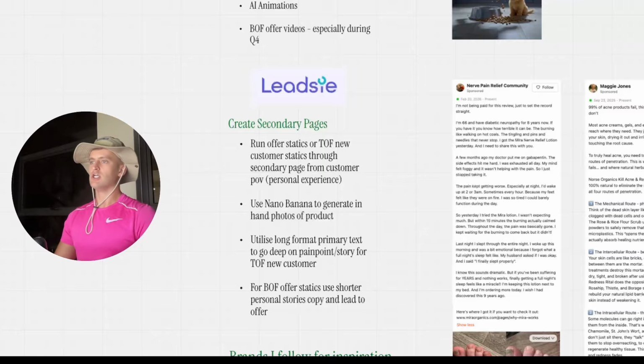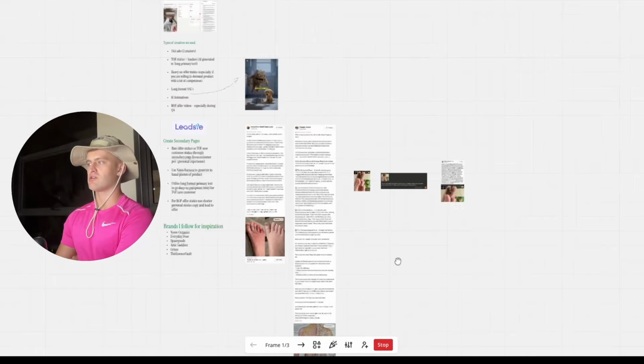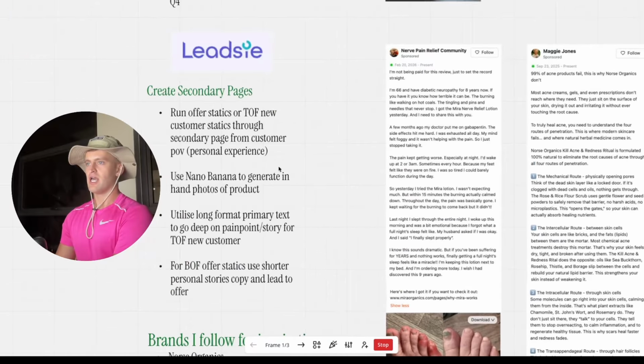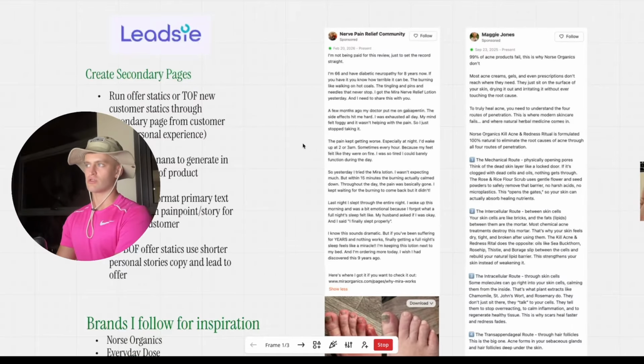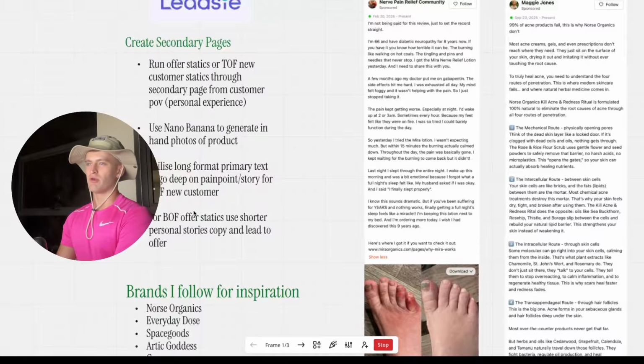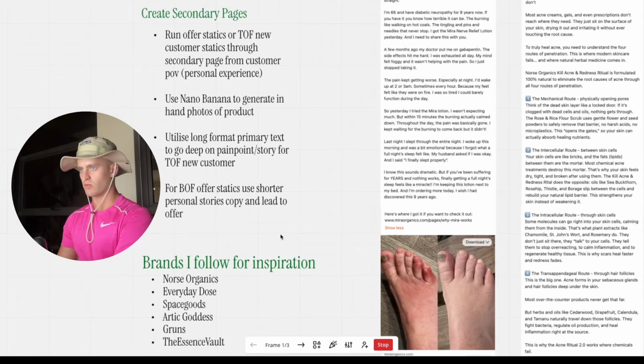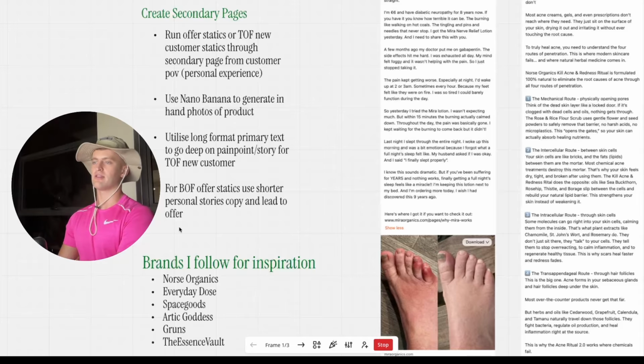There would usually be more images like this, or this one here where it's organic style images, and we would generate these through Nano Banana, product in hand photos, and utilize long primary text like Norse Organics do, like here, long story format to go deep on the pain point. It's essentially a way to get people to either go to your PDP or your landing page, which is a listicle or advertorial. And then finally, again, we would use offer statics through these secondary pages to go through more personal stories and lead to the offer.